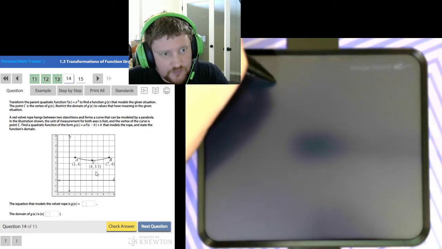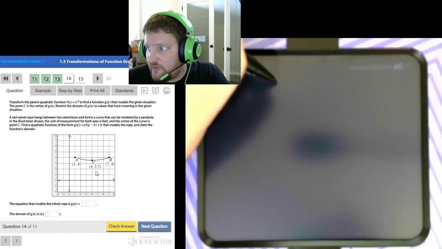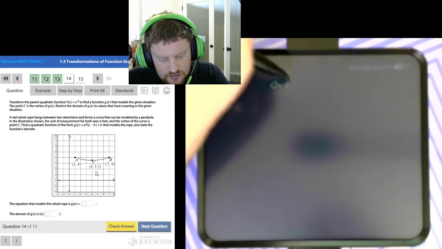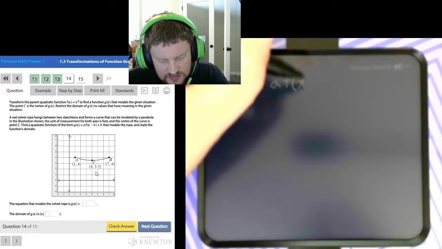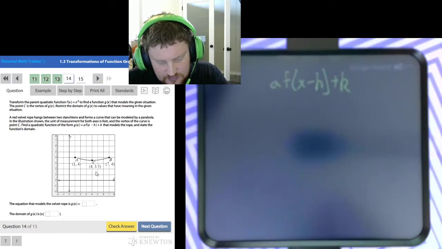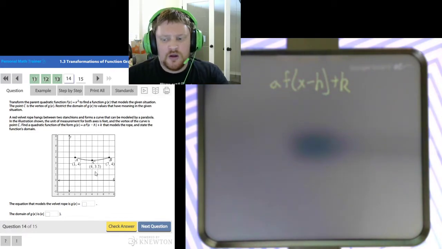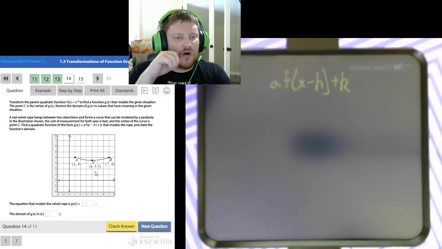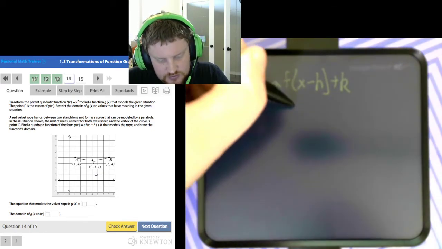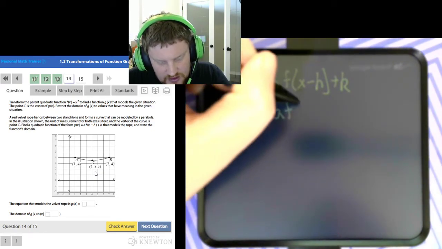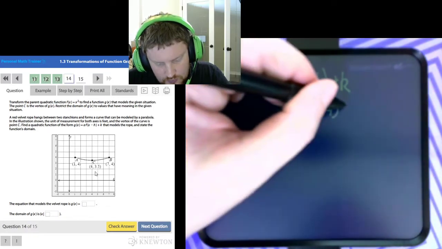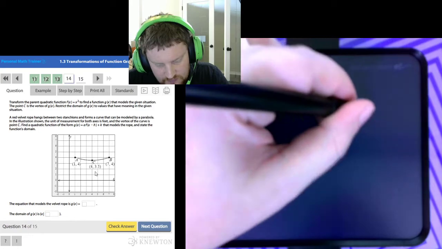So we know that we're going to have a f of x minus h plus k. Okay, so our vertex is at 4, 3.5. So we know that we're going to have a minus 4 plus 3.5.